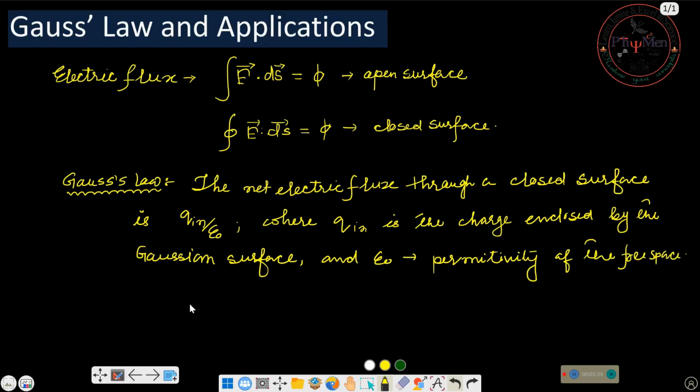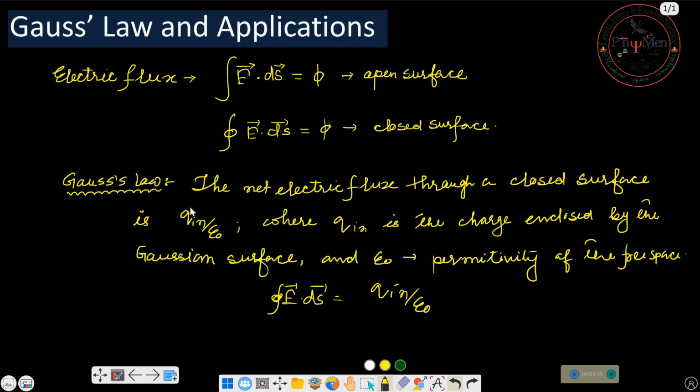Okay, so mathematically it can be written as the closed integral over the closed surface, that is, the closed integral of E dot dS is equal to q in by epsilon naught.